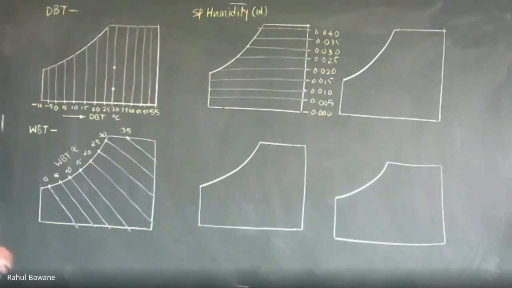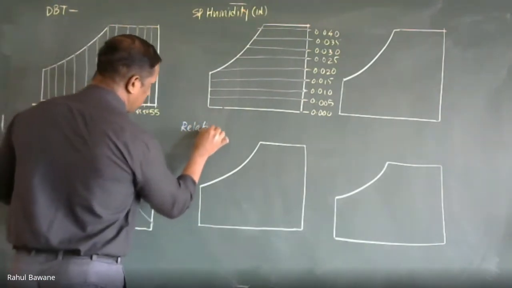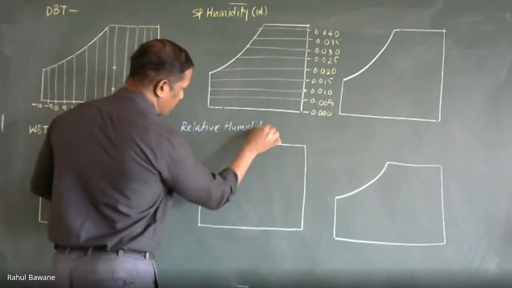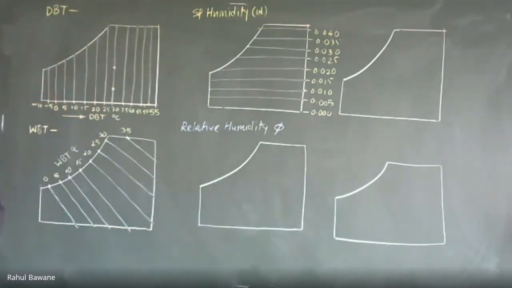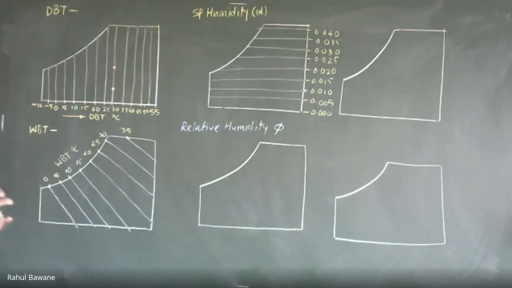Next is relative humidity. It is denoted by phi. Now, how to represent relative humidity? So, relative humidity is represented by curved vertical lines.